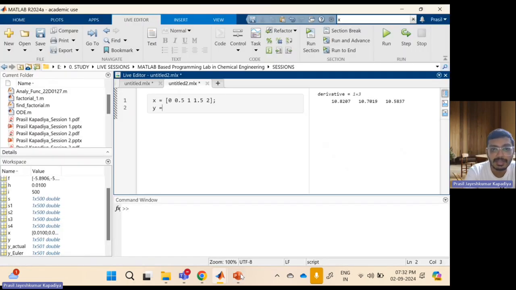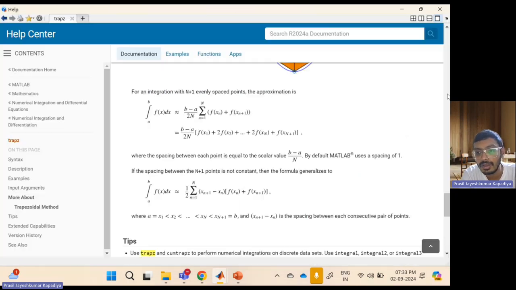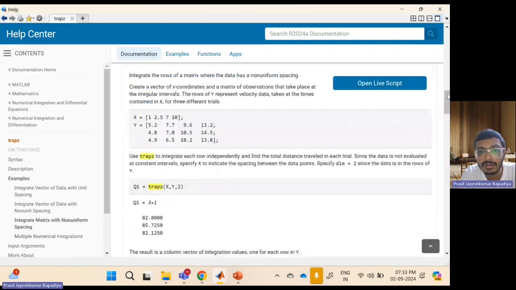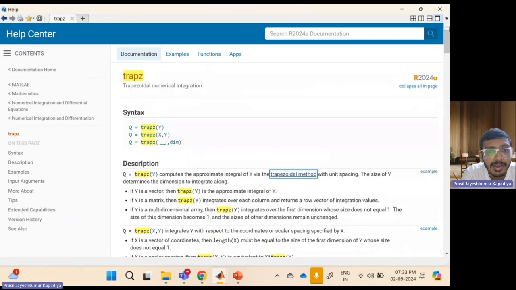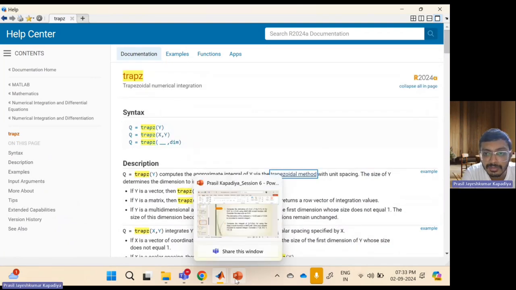So y is equal to x square plus 3. This is my y, correct? So integral is given as the syntax of trapz. Let's check it again from here. It is x comma y.